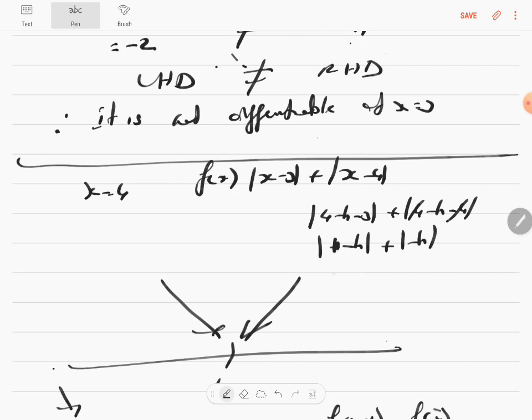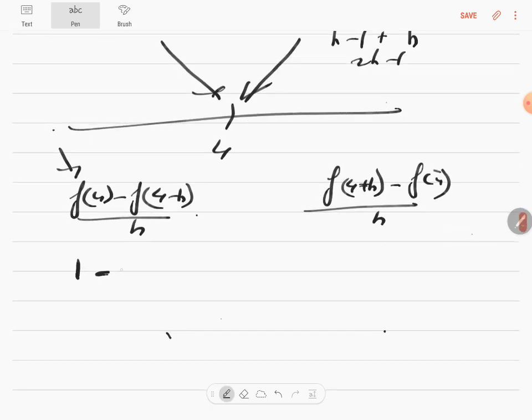I'm going to make it positive, so it will be 1 minus h, and this will become just h. So you're getting 1 minus 2h plus 1 by h. The 1 and minus 1 should get cancelled.